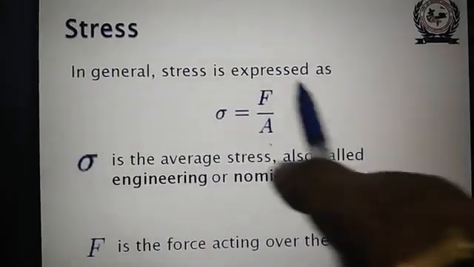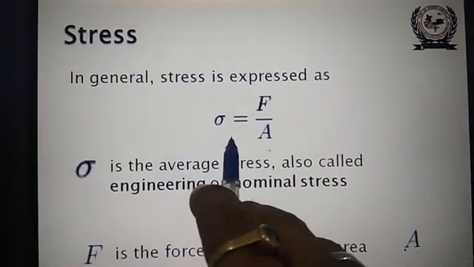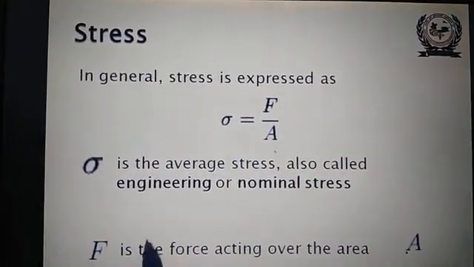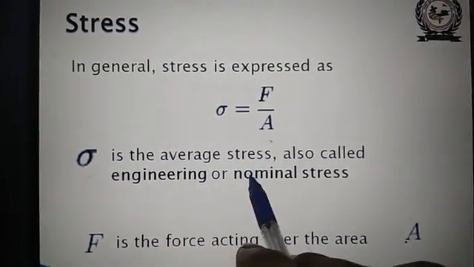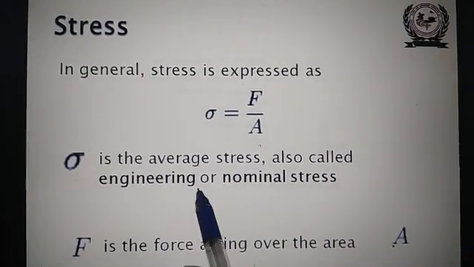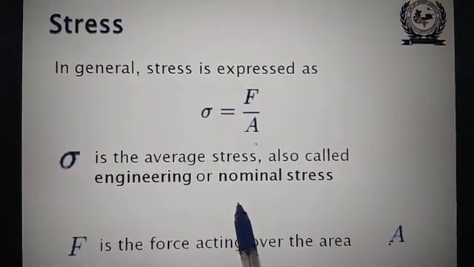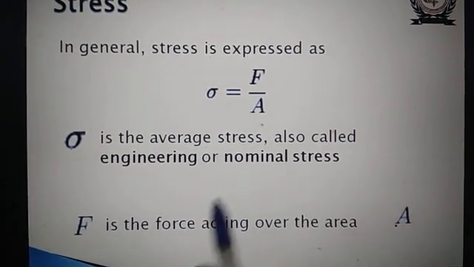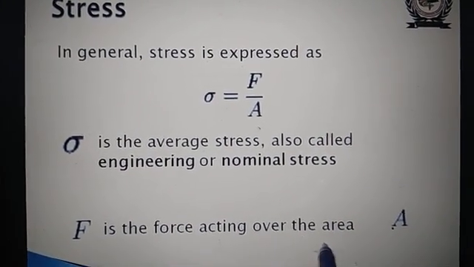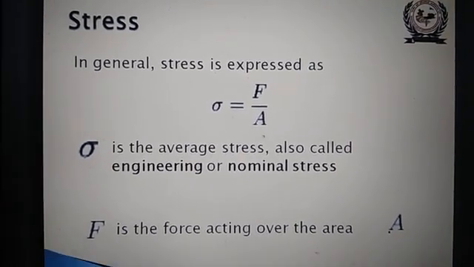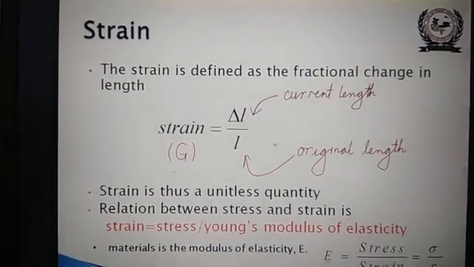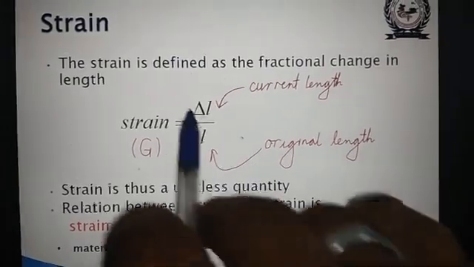Then what is stress? In general, the stress is expressed as sigma equal to F upon A, where sigma is the average stress, also called engineering or nominal stress, and F is the force acting over the area A. This is the formula for the stress. And what is the strain formula?